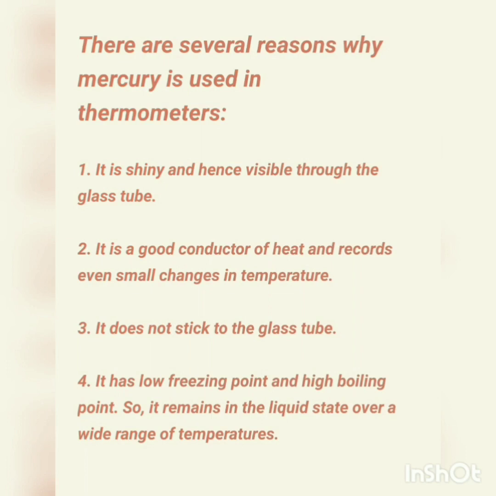Mercury is shiny and hence it is visible through the glass tube. Mercury is a good conductor of heat and records even small changes in the temperature. Mercury does not stick to the glass tube and it remains in the liquid state over a wide range of temperatures.